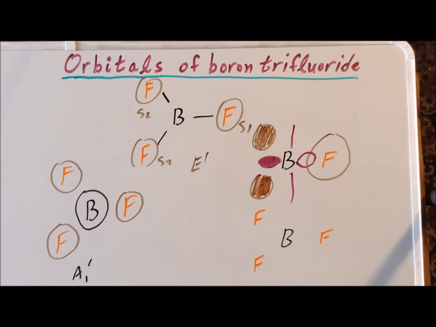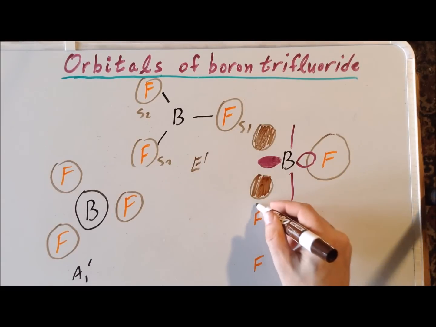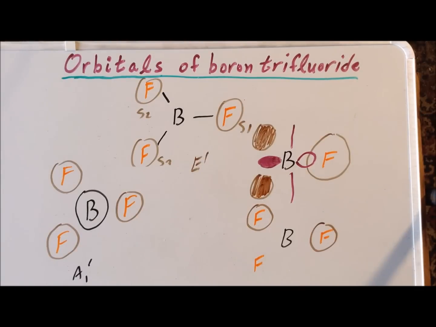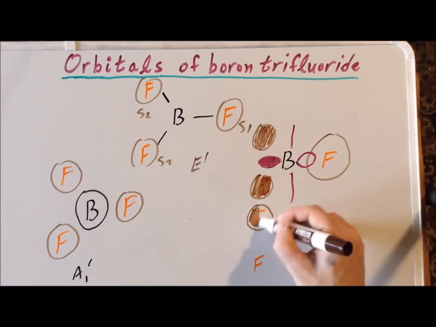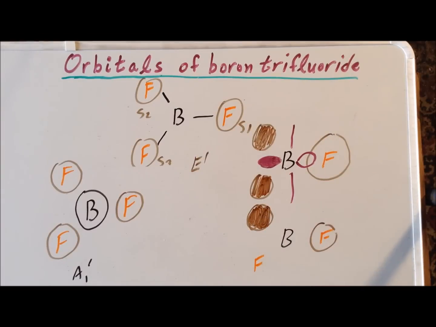So now we have one more sigma orbital combination, and this was the S1 minus S2. So let's see what that looks like. So we have S1 and S2. They have the same size because the coefficients are both 1, but since it's S1 minus S2, we have to have this particular orbital have negative phase. So, which atomic orbital on boron has the right symmetry to interact with each of these two?